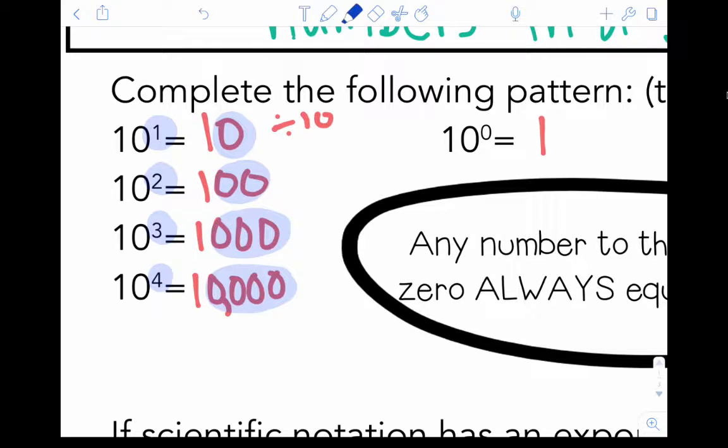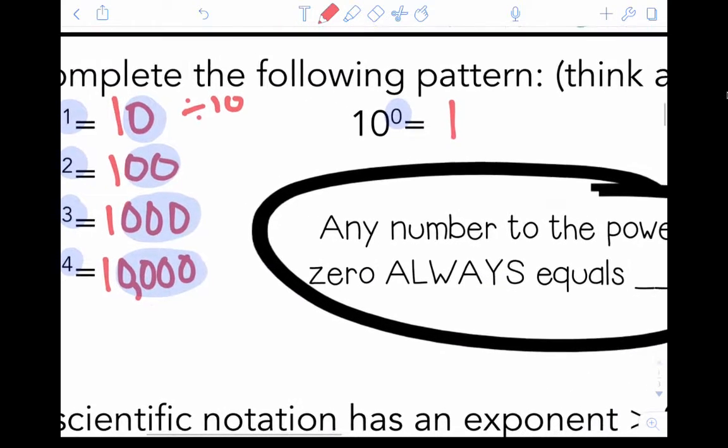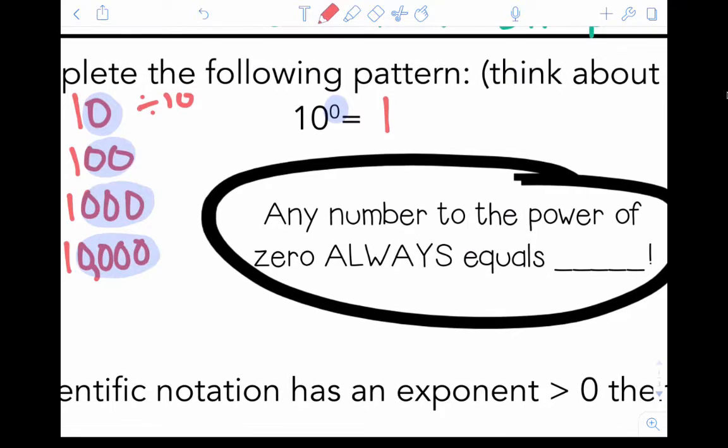Or we could see that there's 0 zeros, so there's just a 1. We can't write any zeros with that. Remember that any number to the power of 0 always, always, always equals 1, unless that number is 0, then it's 0. Otherwise, any other number in the world to the power of 0 equals 1.